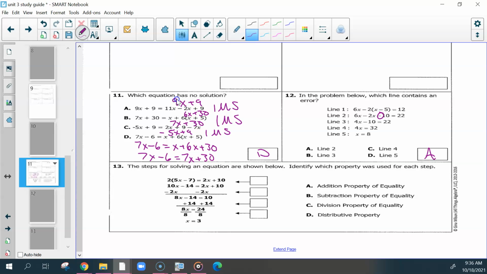I'm going to redo this. What if instead of distributing first, they did this, and kept going?